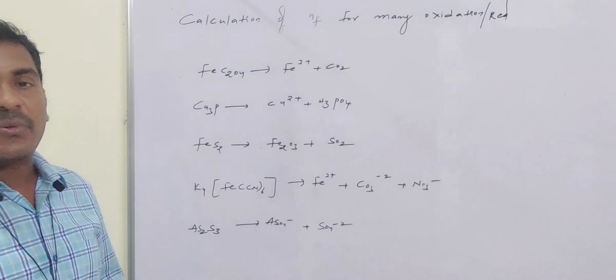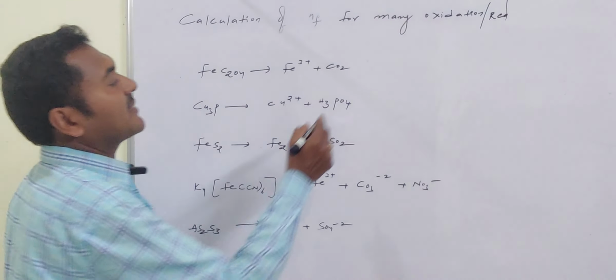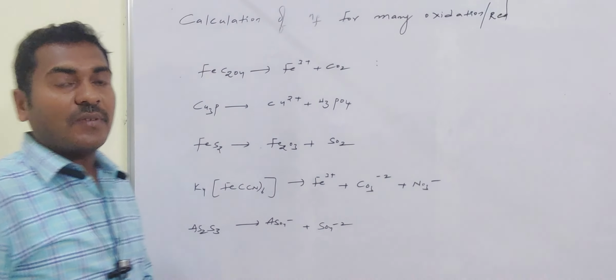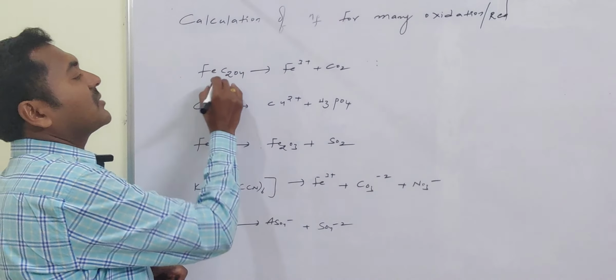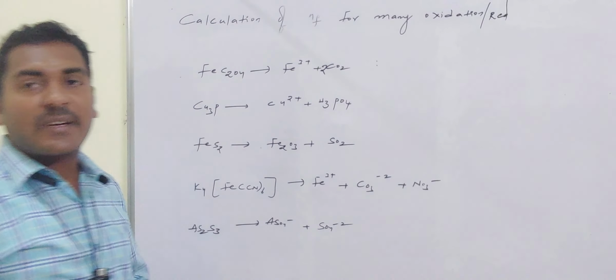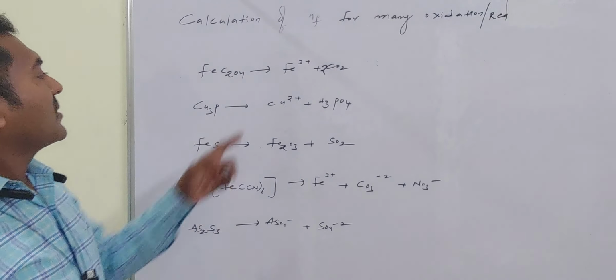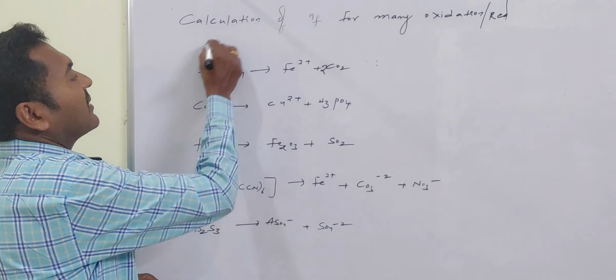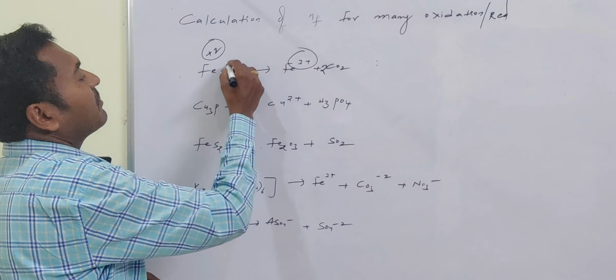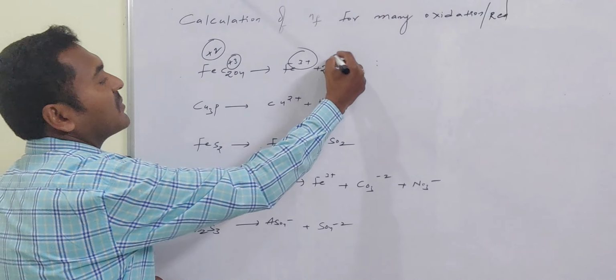This is the case known as ferrous oxalate, which participates in a reaction in which ferrous in the +2 state is converted to the +3 state, and in oxalate 2 carbons are there to maintain the law of conservation of central atom. 2 carbon atoms are to be maintained. Here ferrous +2 is converted to ferrous +3 and carbon +3 is converted to carbon +4.